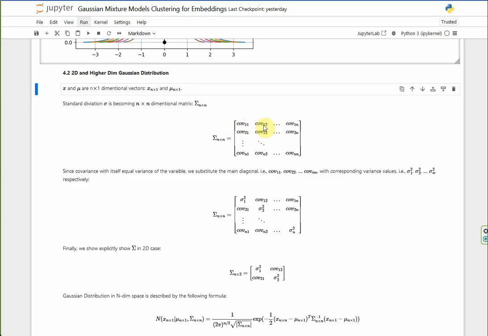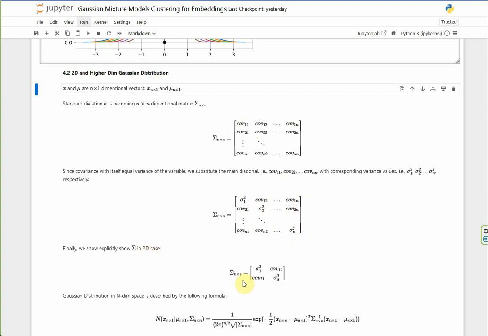So for example, dimension 1 with dimension 2, and so on up to dimension n. So this should be a square matrix. Also, the covariance of a variable with itself is known as variance. So along the main diagonal, we will have variances of the numbers in a given dimension, and off the diagonal, we will still have covariances.